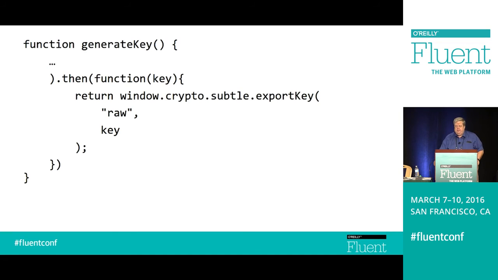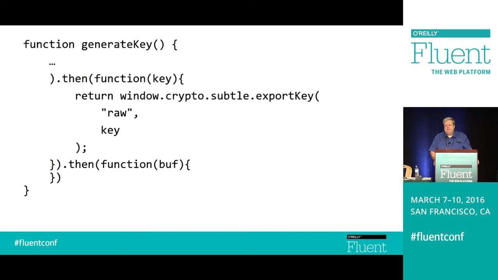If I actually have my handler return a promise itself, that is the value that's returned by the then method. So the return value of my anonymous function in there, that promise from export key, is the return value of the then method. So that itself returns a promise that we can give a then method with an anonymous function that will handle the result of the export key. The export key gives us an array buffer, so that handler is a function that takes the array buffer.